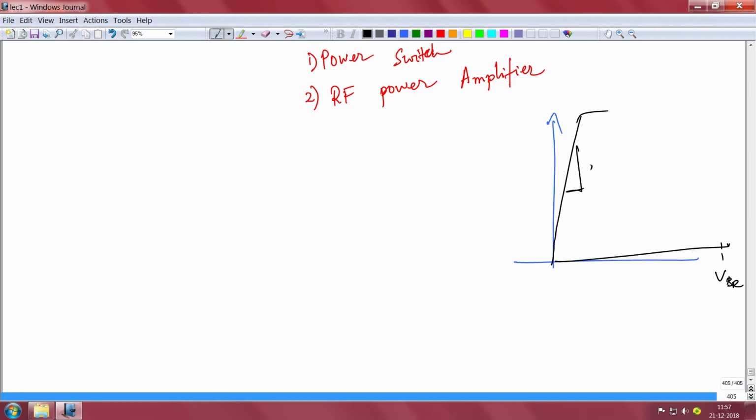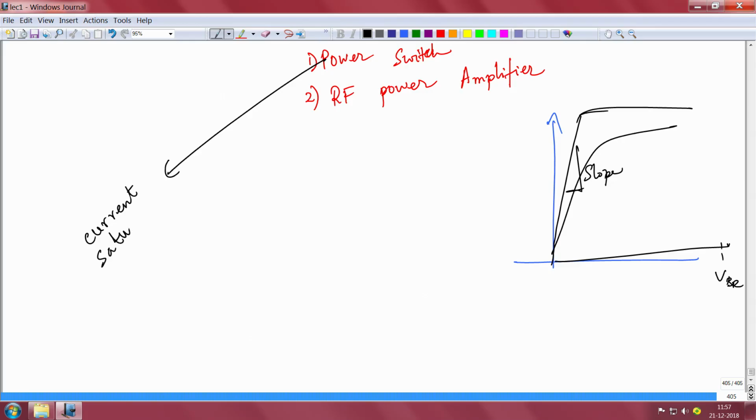So I only talked about the slope here, I didn't talk about the current saturating there. Current saturation or gain was not talked about. What was talked about was the on resistance, like the slope of the IV in the linear regime. So that was the power switch.